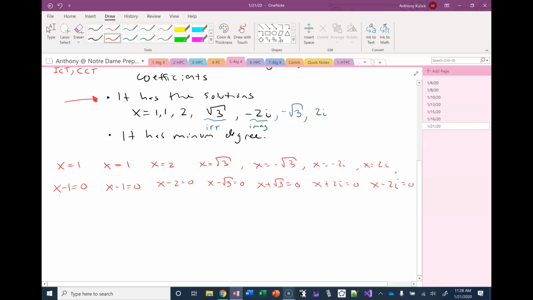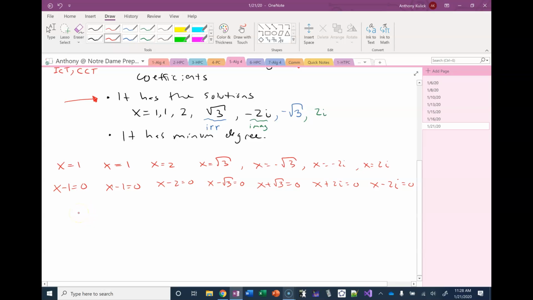Everybody okay with that idea? So now I have, instead of having, what do I have, 7 equations that were all equal to something different, I have 7 equations that are all equal to 0. Does everybody see that? Okay. What I'm going to do now is I'm going to multiply all of these equations together.